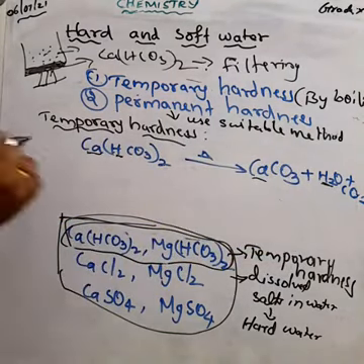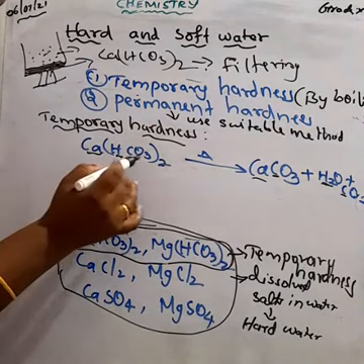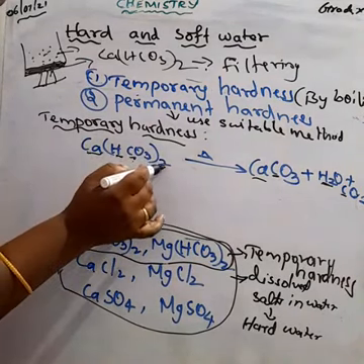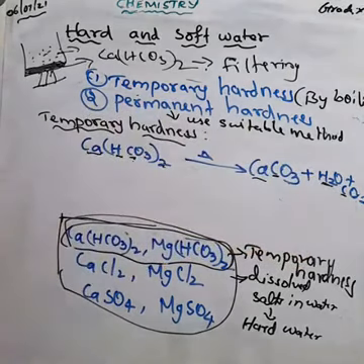Carbon: on the reactant side 2 carbon atoms, and here this 1 carbon and this 1 carbon, 2 carbons. Oxygen: here 3 twos are 6 oxygen atoms, and here also 3 plus 1 is 4, plus 2 is 6 oxygen atoms. Now the equation is balanced. Understood?